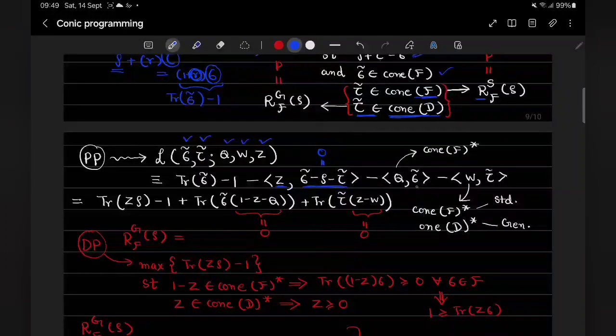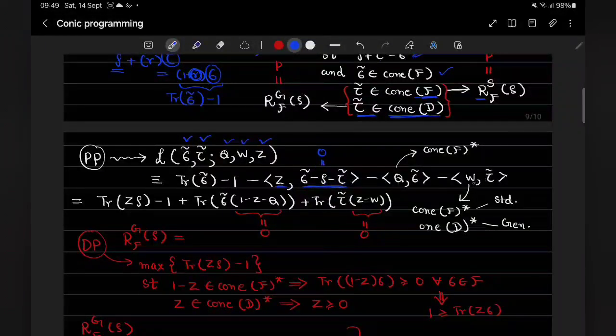And one corresponds to the fact that the output belongs to cone F. So the q belongs to cone F star, the set of hyperplanes kind of thing.